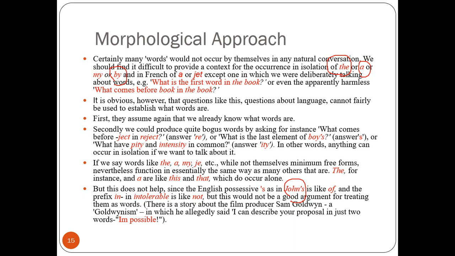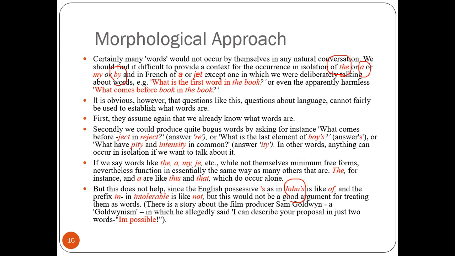So, are they two words or a single word? Why? Because im means not, not possible. If he had said, I can describe your proposal in just two words, not possible, then it is plausible, convincing, that we would say not is a single word and possible is another.